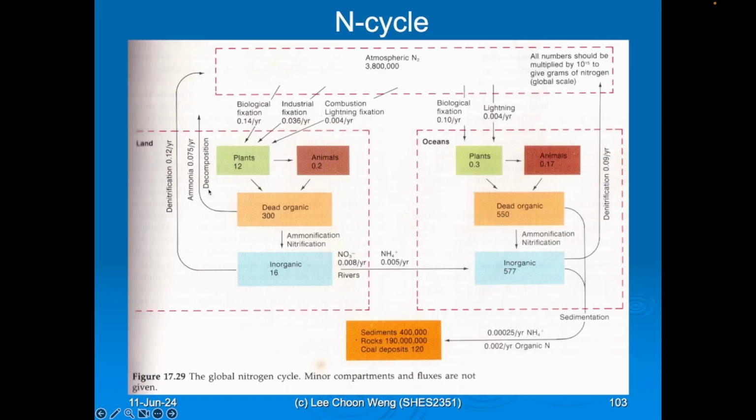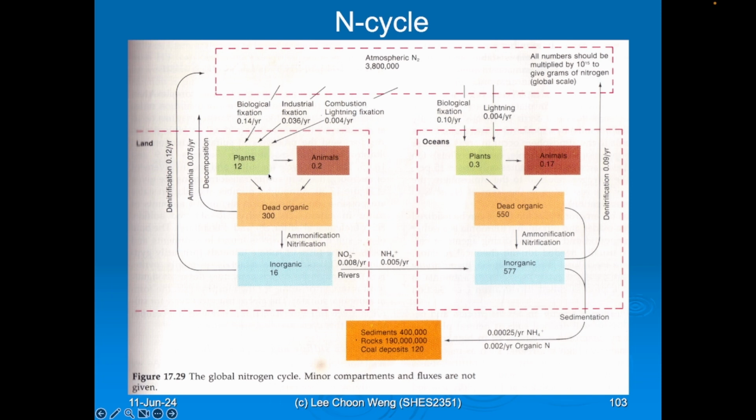So here we look at the global nitrogen cycle. What is important is that there is a lot of nitrogen gas in the atmosphere, and the fixation is biological, by lightning, and also by industry. Industry is now becoming more and more important than lightning.